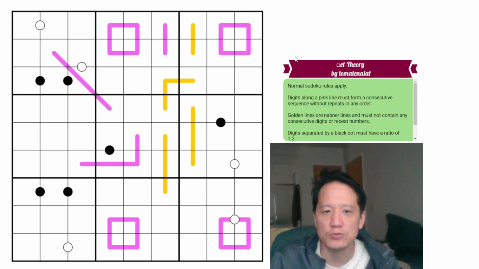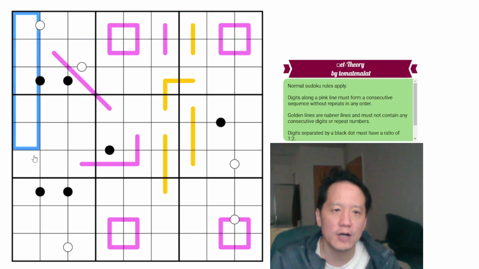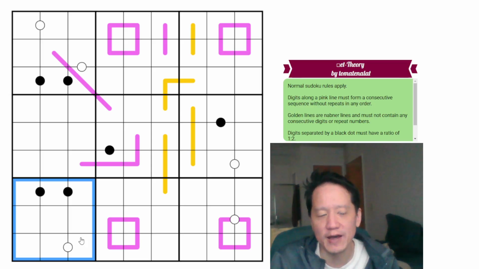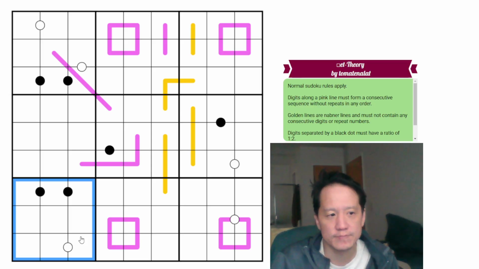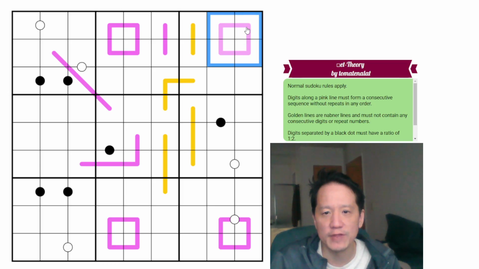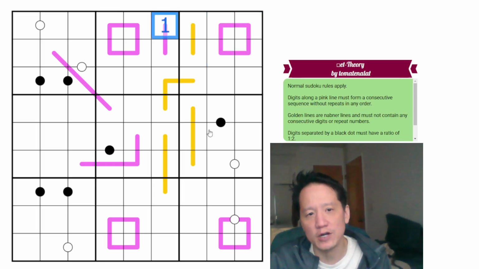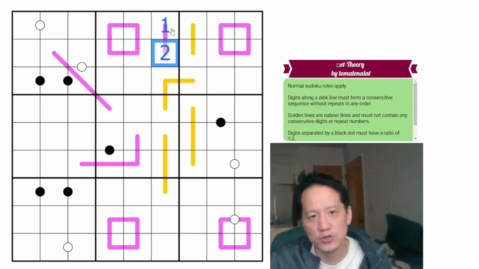Normal Sudoku rules apply, which means fill every row, column, and box with the digits 1 through 9 without repeats. Digits along a pink line must form a consecutive sequence without repeats in any order. So for example, if this were a 1, this would have to be a 2 to form a consecutive sequence without repeats.